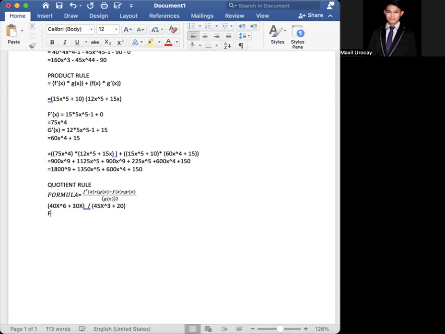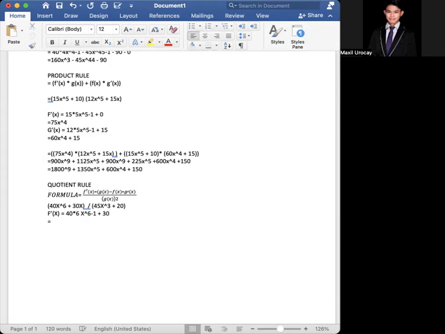Now you will get the f prime of x first. The f prime of x is 40 times 6x to the power of 6 minus 1, something like that. Then plus the 30x, so that is 30.